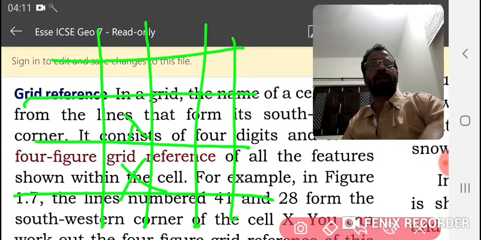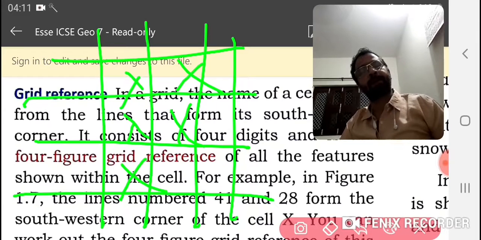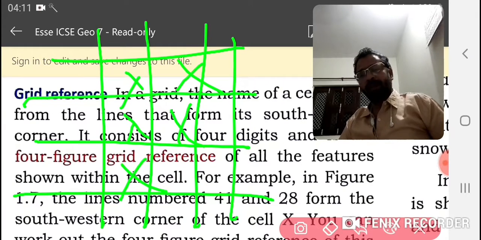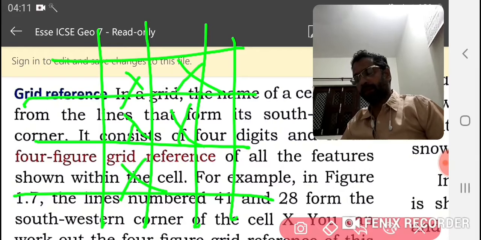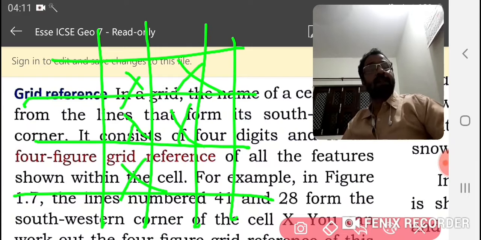These are known as grid. These small squares like graph paper. This one is known as what? A grid. And this we are indicating consists of 4 digits and it is a 4-figure grid reference. What do you mean by 4-figure grid reference? Let us see here.